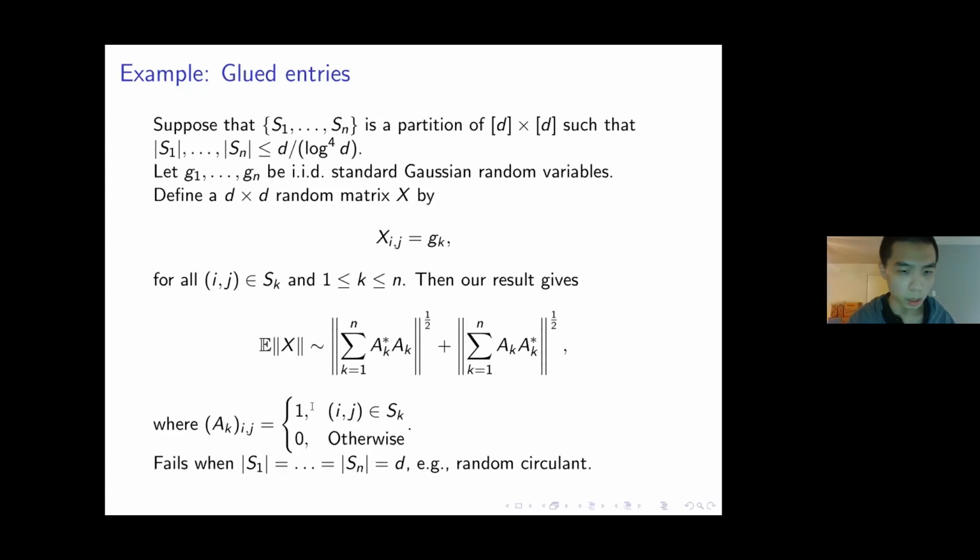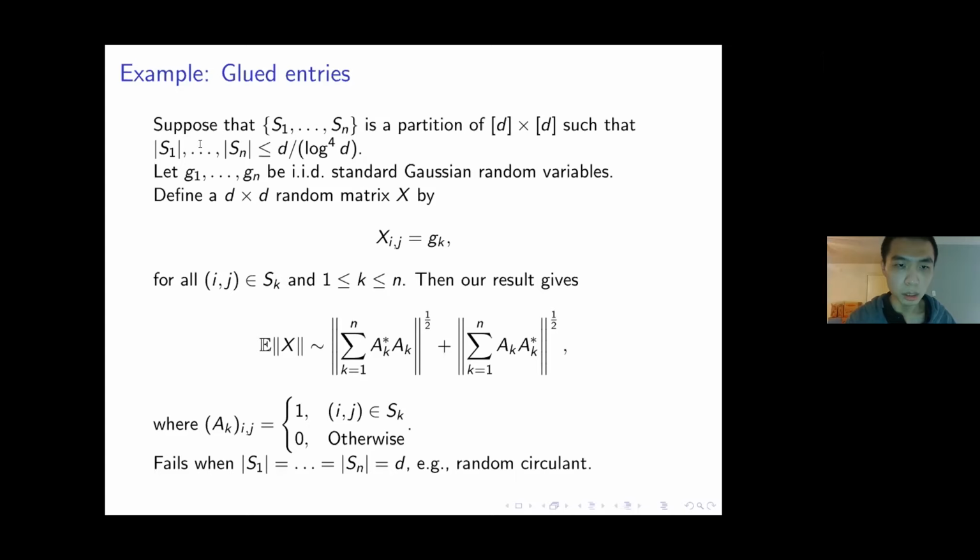And A_k is just the matrix where on the set S_k the entries are 1, and elsewhere the entries are 0. But anyway, we do get an exact estimate for the expected spectral norm if the blocks of the partition are not too large.